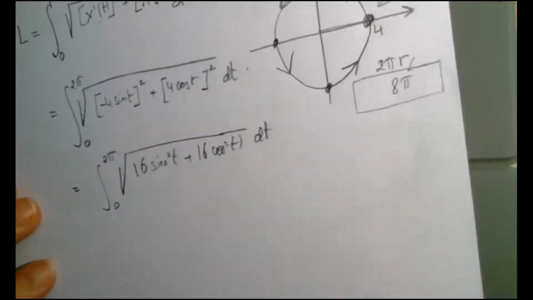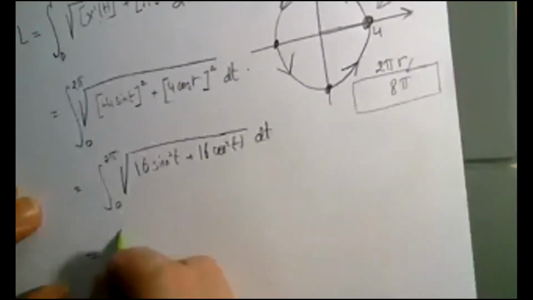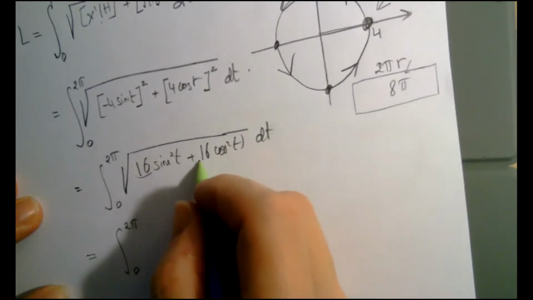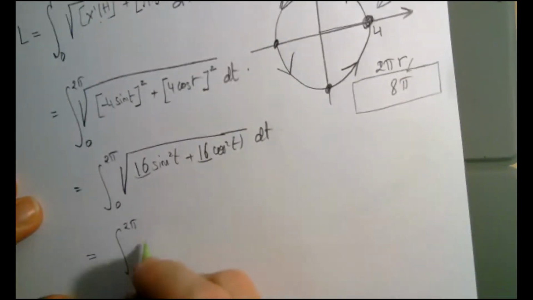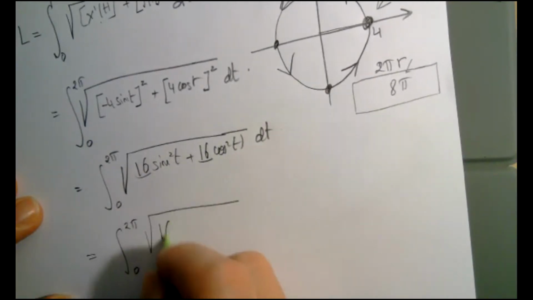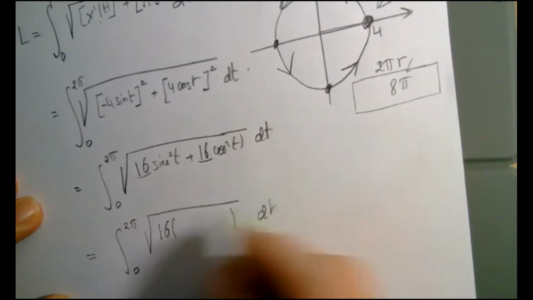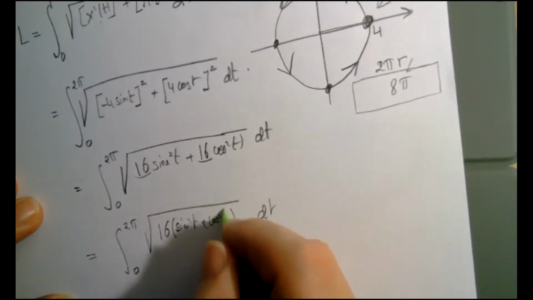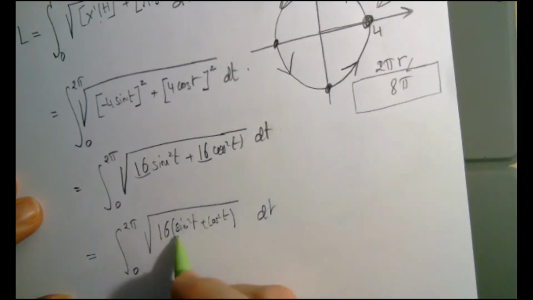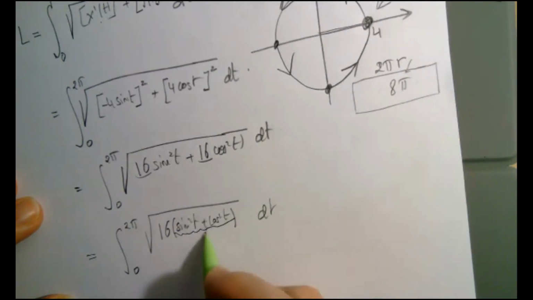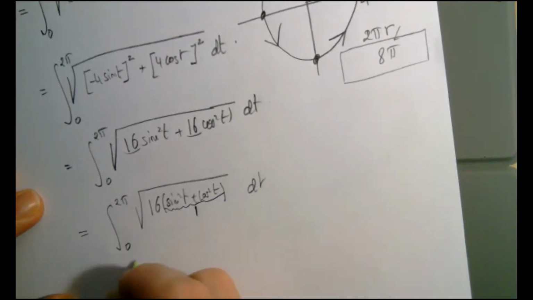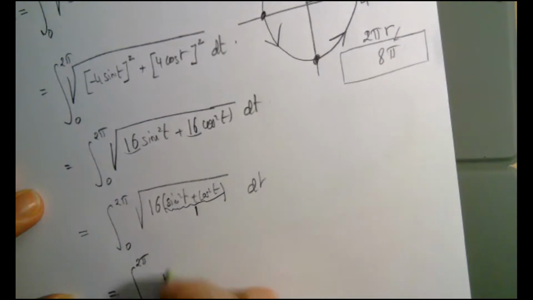So it doesn't turn out to be a hard one. This will give me the integral from 0 to 2 pi of the square root of, now of course, we factor out the 16 because we see that something is showing up in here. And that will give me the sine square plus the cosine square. Now we use the fact that this is 1, and this will give me the integral from 0 to 2 pi of the square root of 16 dt.